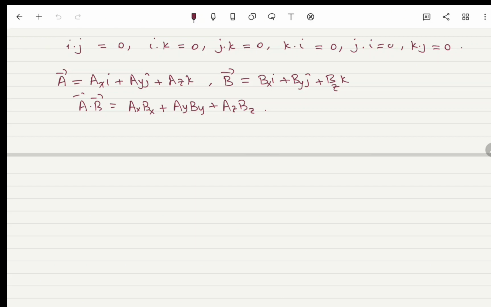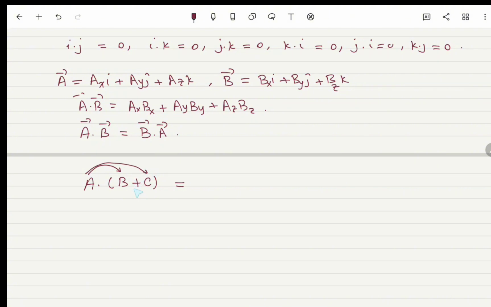One more thing we have to remember here is a dot b is actually equal to b dot a. So it doesn't matter actually a dot b or b dot a, you will get the same answer, which means a and b commute. And a dot b plus c, in this case here, we can dot product a with b and dot product a with c.